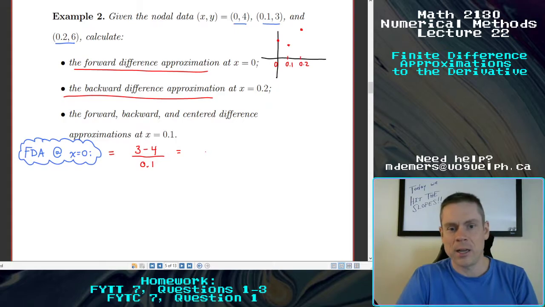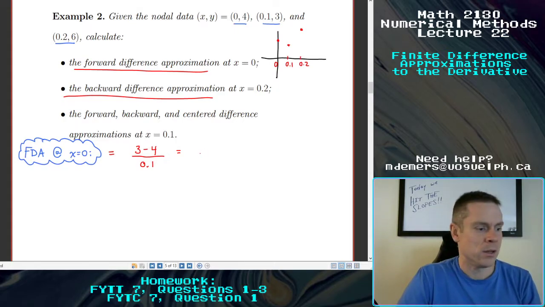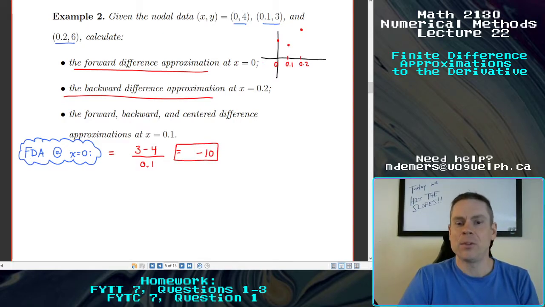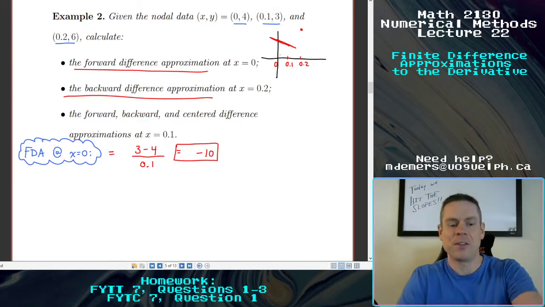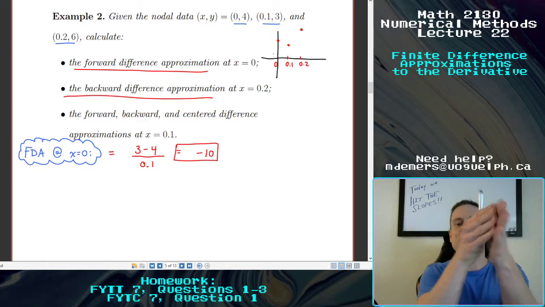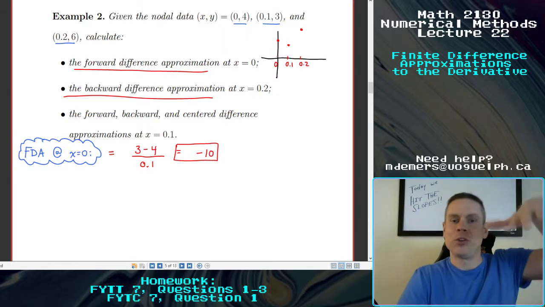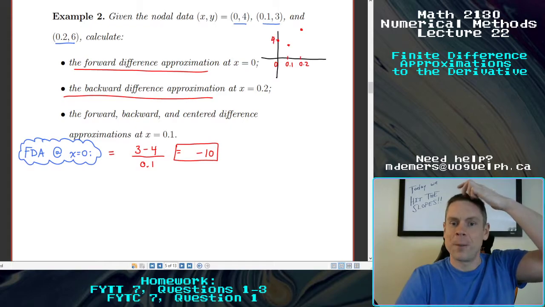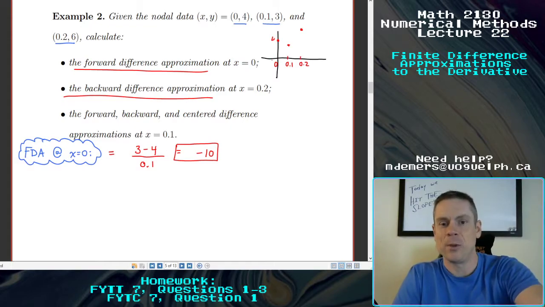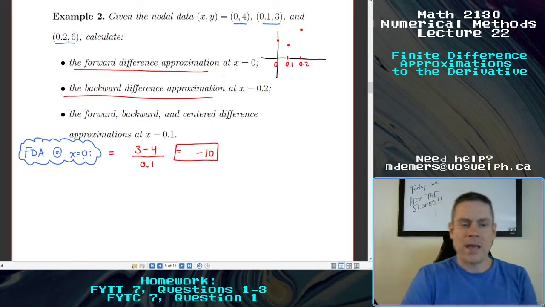And that looks like we're going to get minus 1 over 0.1, which is negative 10. So that is the estimate of what the slope is. Really, it doesn't look like the slope here is minus 10, but then think about the scale, right? The x value is just going by tenths, and the y scale is already going up by whole numbers. This is 4 up here, right? So it makes perfect sense when you think about it. Okay, cool.